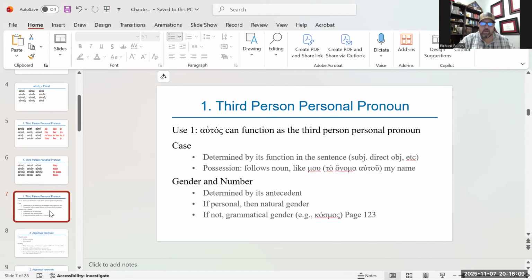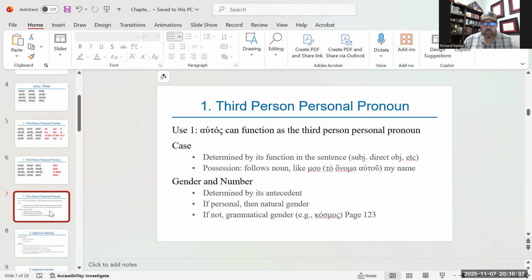For instance, you can see at the bottom of this slide, and you can just go to page 123 as a reference to this, the word kosmos. Kosmos is a masculine noun, which means world. You typically would not refer to a world as he.